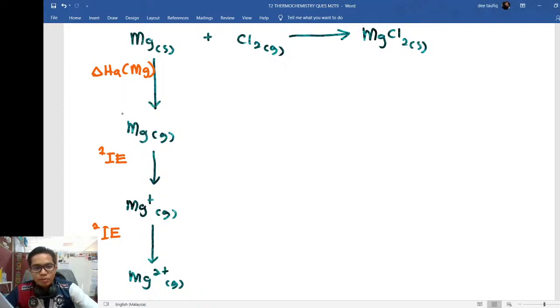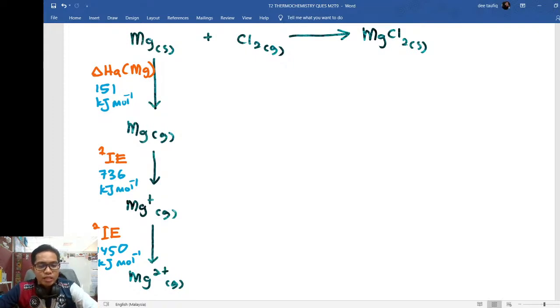Atomization of magnesium is 151 kilojoule per mole. First IE is 736 kilojoule per mole. Second IE is 1450 kilojoule per mole.